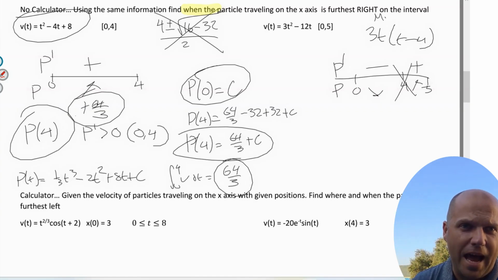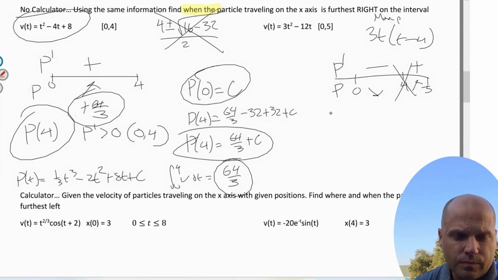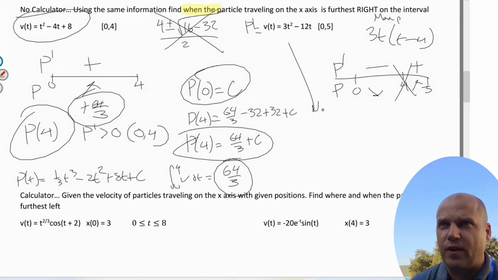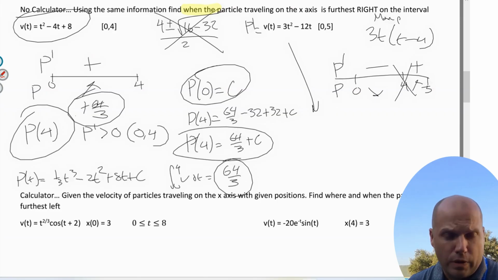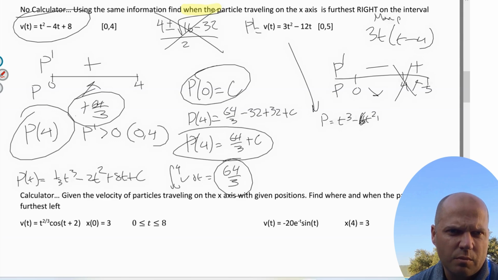I'm trying to find the max position. Okay. Got to take the antiderivative. Again, this is my derivative. Velocity is just a fancy word for the derivative of position, the rate of change of position. So my position is t cubed minus 4t squared. Ew, 6t squared plus c.